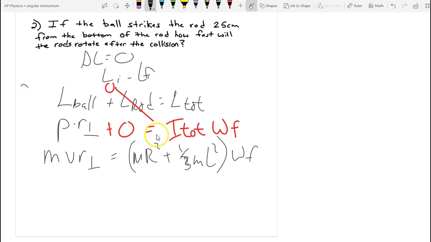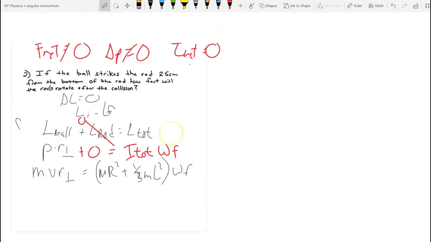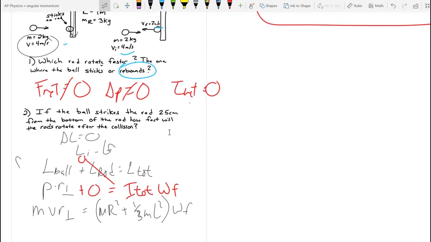What is my mass here? My mass is 4 meters per second. Not 4, my mass is 2 kilograms. That's the wrong unit. Good thing I was saying the units. The velocity is 4, and it's positive.